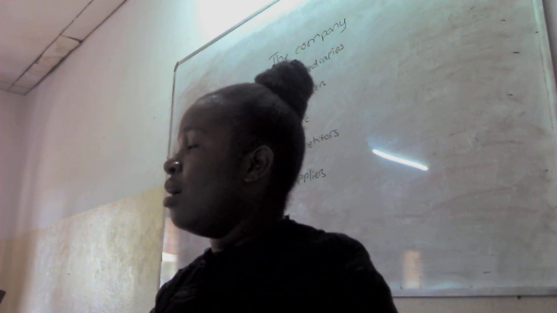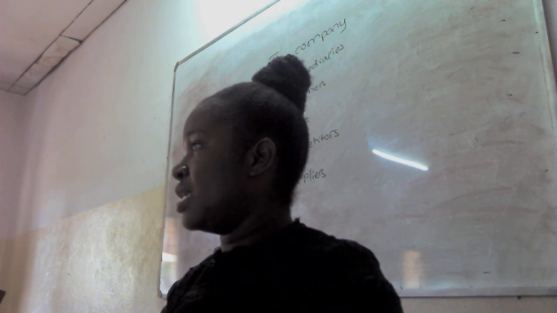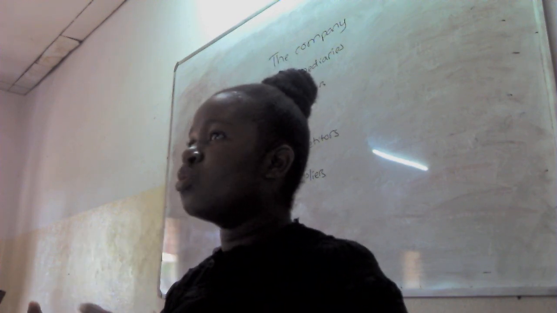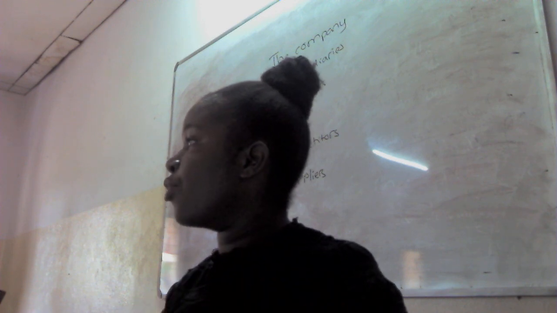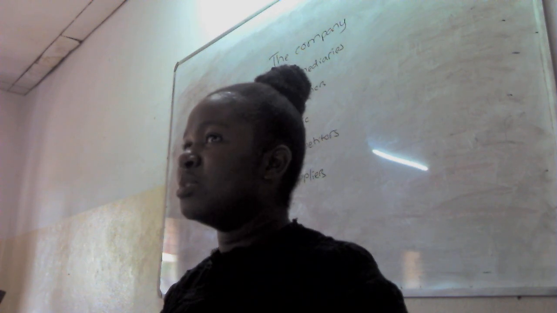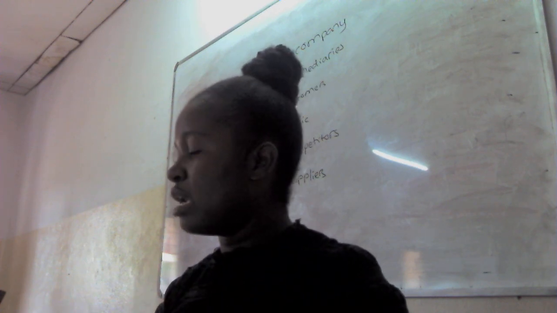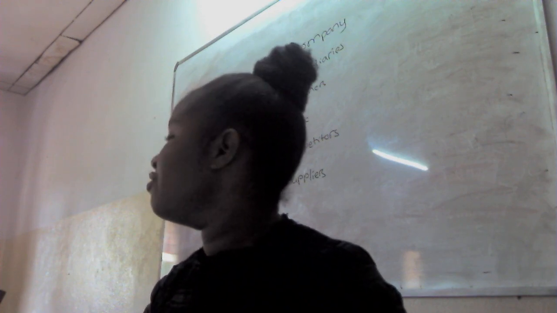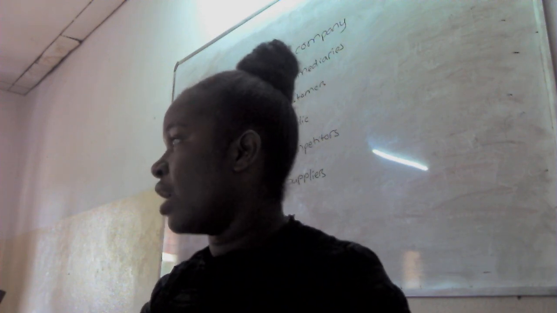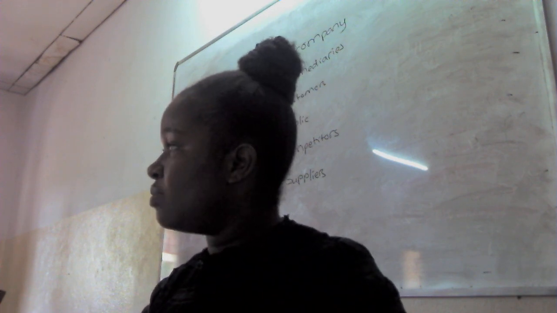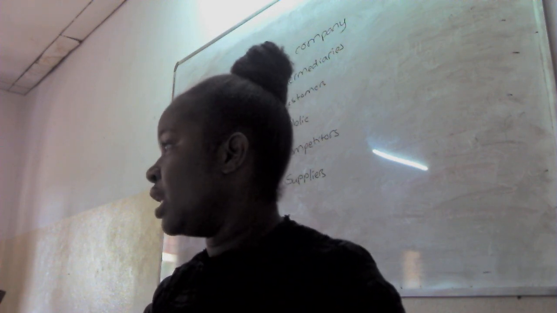Okay, so the company has different departments. All these departments work together to achieve a common goal. So you need to make sure that things are going on properly in each department so as to achieve the goals and objectives of the company. And the top management is responsible for the decision making.